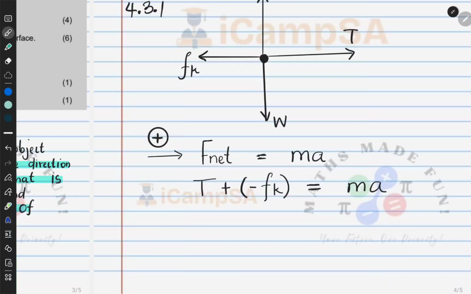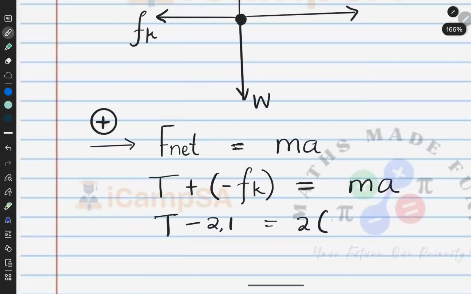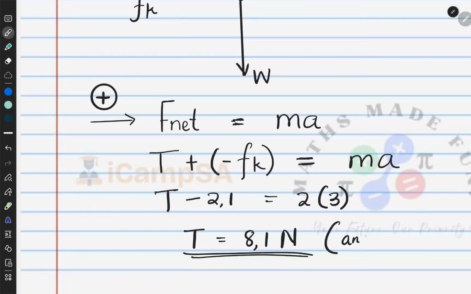Now we can substitute our values. We were told that the frictional force is 2.1 newtons and our mass is 2. Our acceleration was given as 3 meters per second squared. From here we know that T is 6 plus 2.1, that should be 8.1 newtons. So that's our tension. This is our answer.